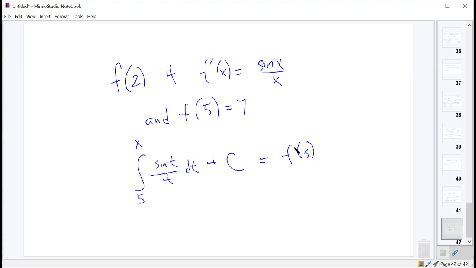And so should be equal to 7 if x equals 5. And so that allows us to then plug in this 5 up here and say that this whole piece here is 0 plus our constant is 7.